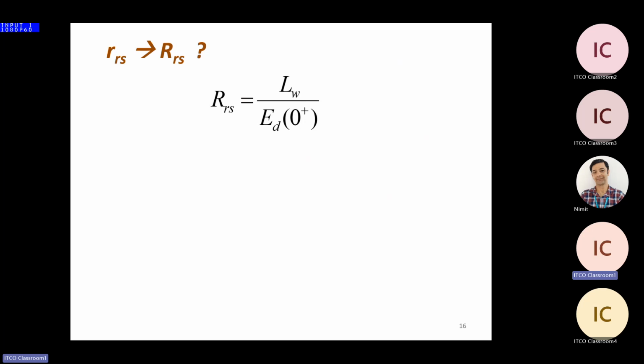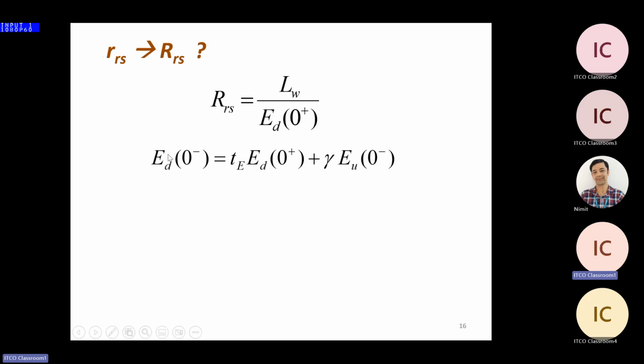But that's below the surface RS. Remote sensing gives measures above the surface RS. So we have to connect the below and above. Above-surface RS is LW over ED. ED0 minus has a relationship with ED0 plus, where the upwelling radiance gets reflected back into downwelling irradiance.